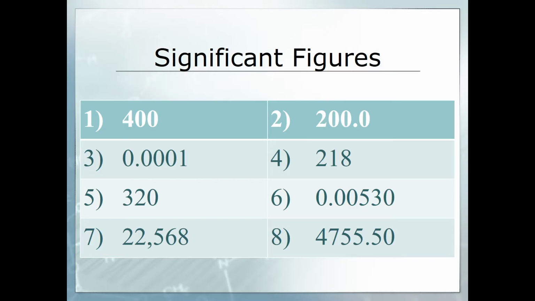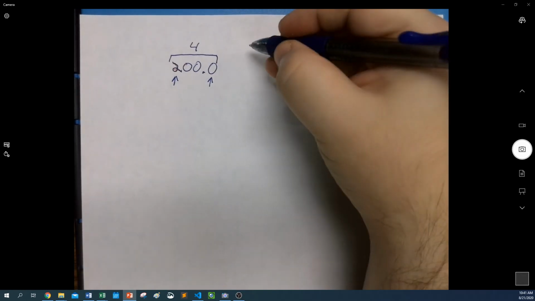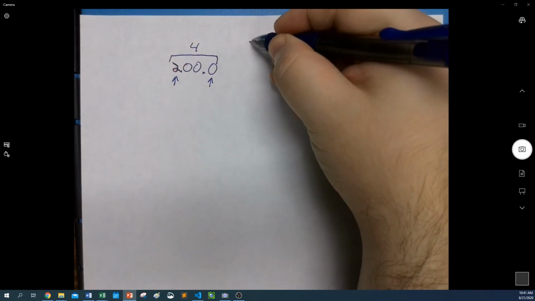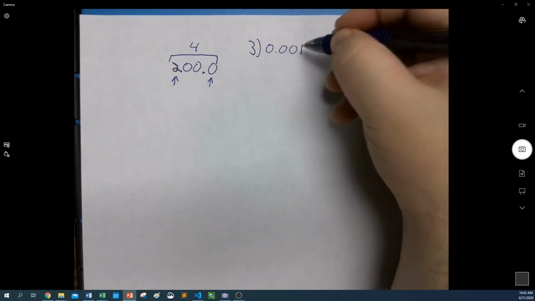What about number 3? So number 3, we do not include leading zeros. So we have 0.001.